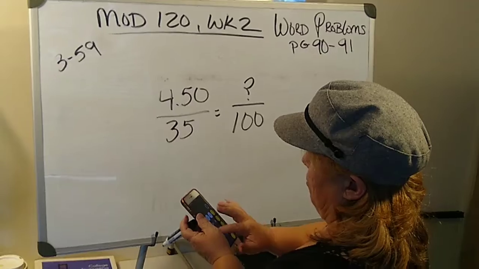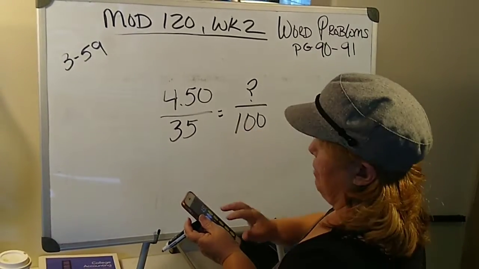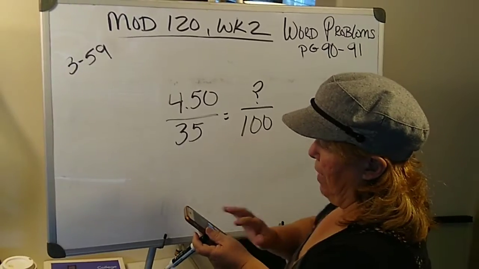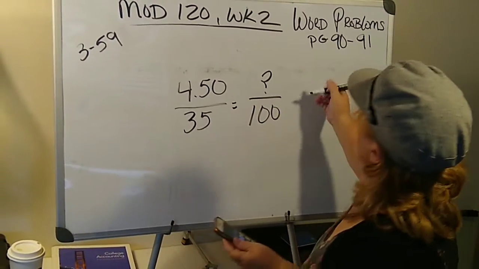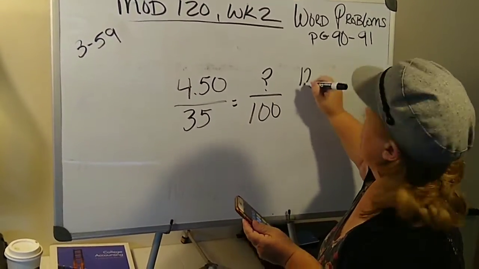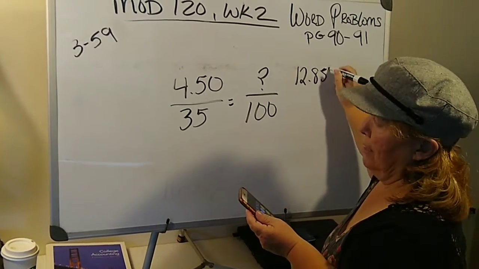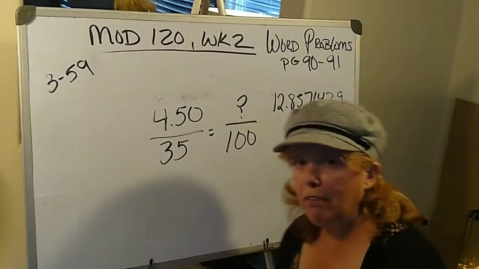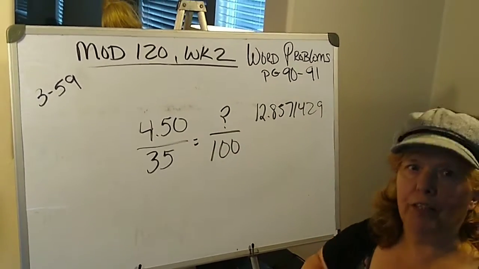Dandy calculator. 4.50 times 100 divided by 35 equals, and you're going to get a number that's going to look like this, 12.857142. Now that can be confusing, but we're going to round it to the hundredths.